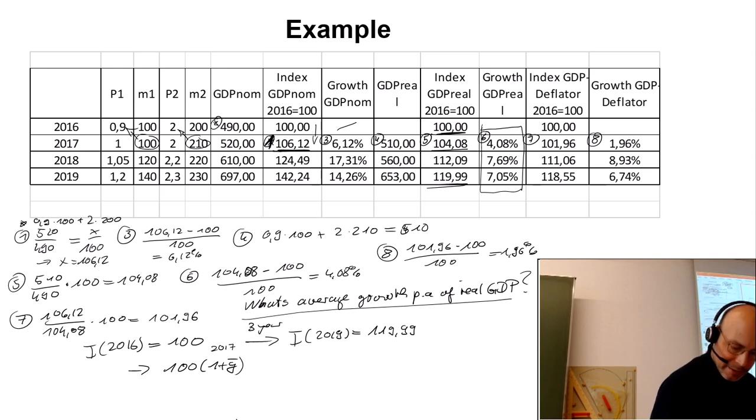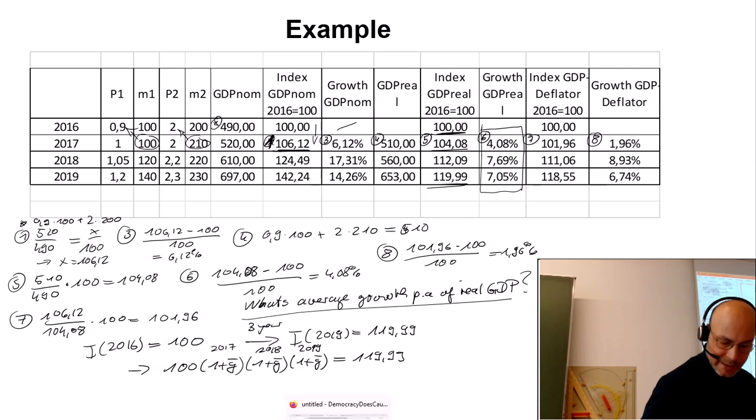So this is 2017. In the second year, now the same growth rate, 2018 times the growth rate in 2019 equals 119.99. Well, this together we can of course write as 1 plus g bar to the power of 3.